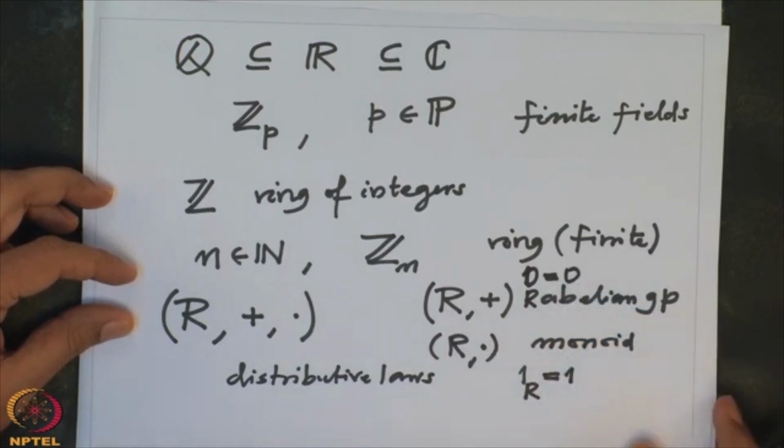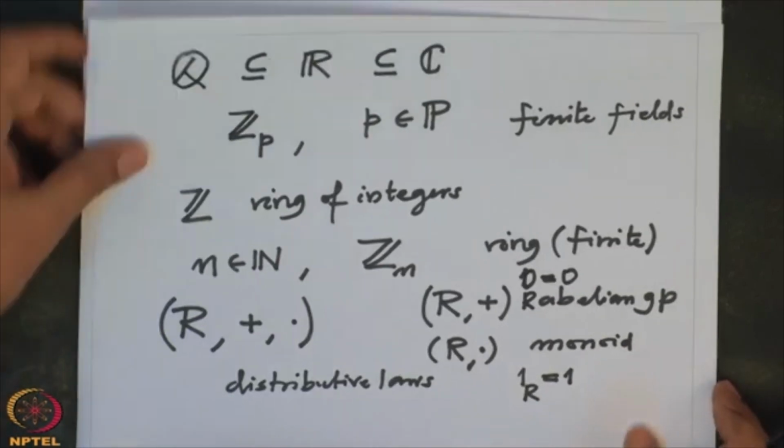So this is a ring, and when we have two rings, then usually one compares them like we were comparing sets by maps. So these maps should not be just arbitrary maps, but they should be compatible with the ring structure. Ring structure means these two binary operations, plus and multiplication.